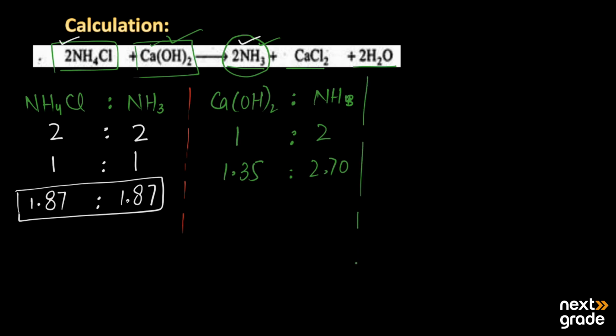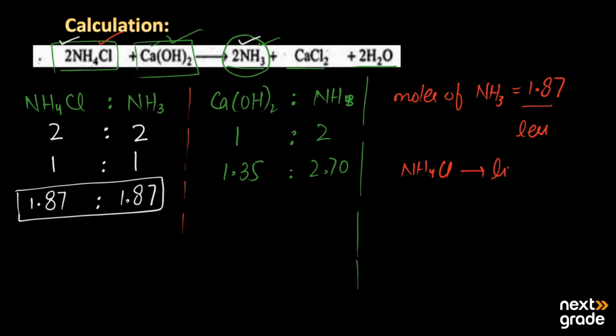So looking at this comparison, the moles of ammonia, 1.87, are less, and that comes from NH4Cl, ammonium chloride, so it will be the limiting reactant.